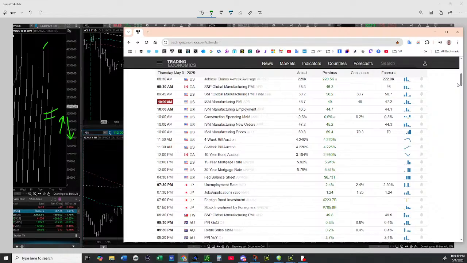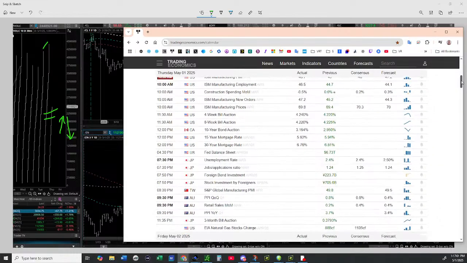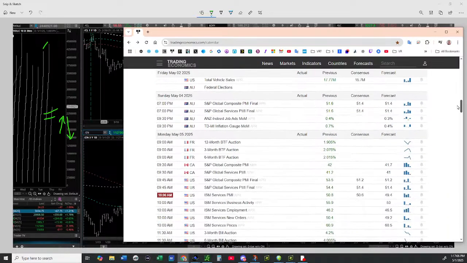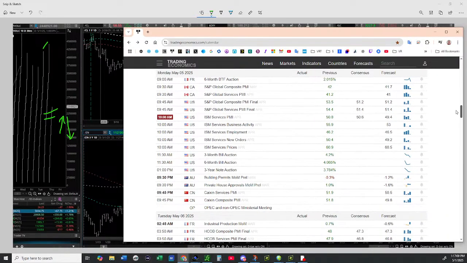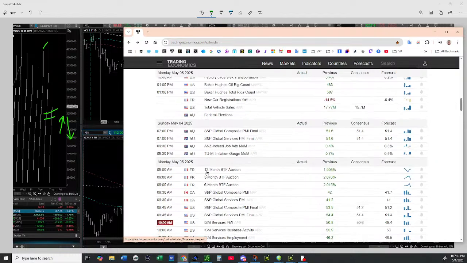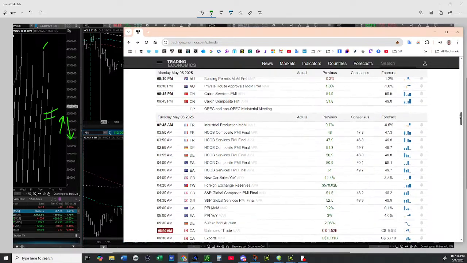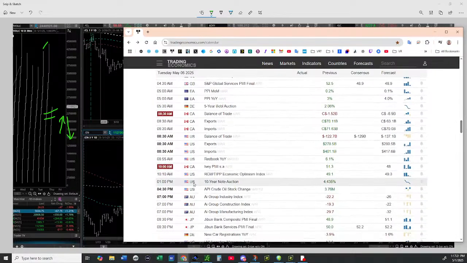Four-week bill, 15-year mortgage rate. I don't see actions here. Next week, 6 months, 3-year note. This one, when is this? Oh, this is Sunday? What the heck? Tuesday. Okay, we have something here on Tuesday, 1 p.m. This one here, if it keeps going higher, that's not going to be good.